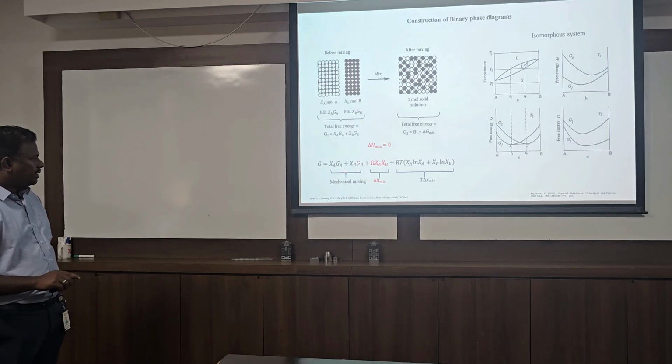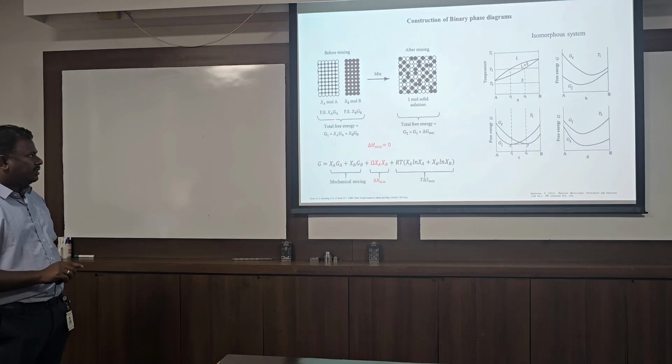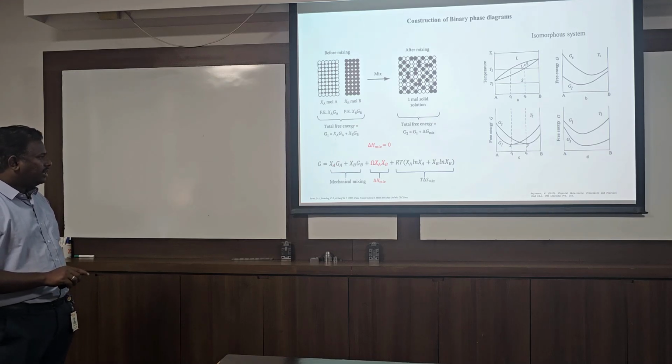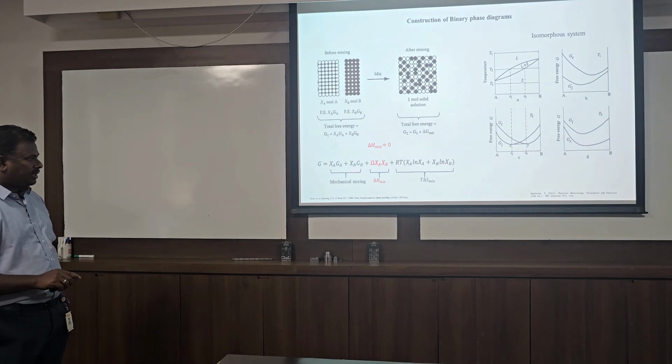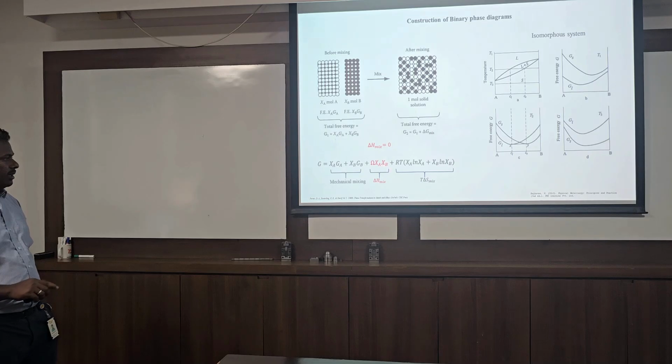It is just an addition of the two standard free energies, and this is the Gibbs free energy, with the enthalpy of mixing and this entropy contribution. So when you write this, G equals G naught, plus delta H minus T delta S. This is the expression. Out of this, most of the terms depend on the compositions only.